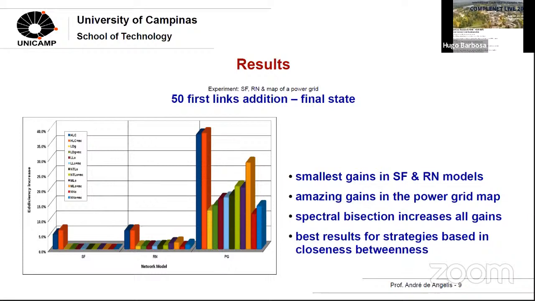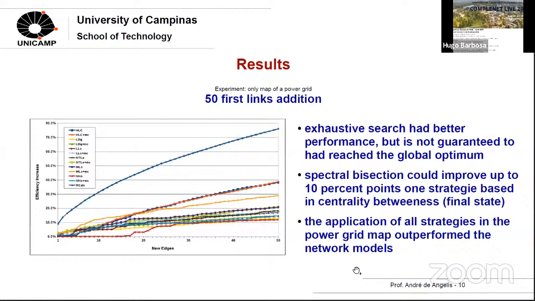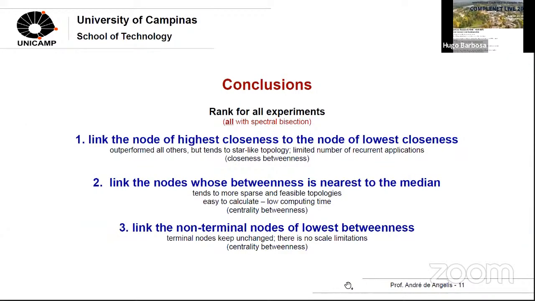So perhaps a strategy in which we connect a high closeness node to a low closeness node could lead to us having to connect a very central node in the network to a node that is in the periphery of the grid. So how do you address the feasibility of adding these edges or the potential costs in terms of the distances that the nodes are from one another for you to add these new edges?